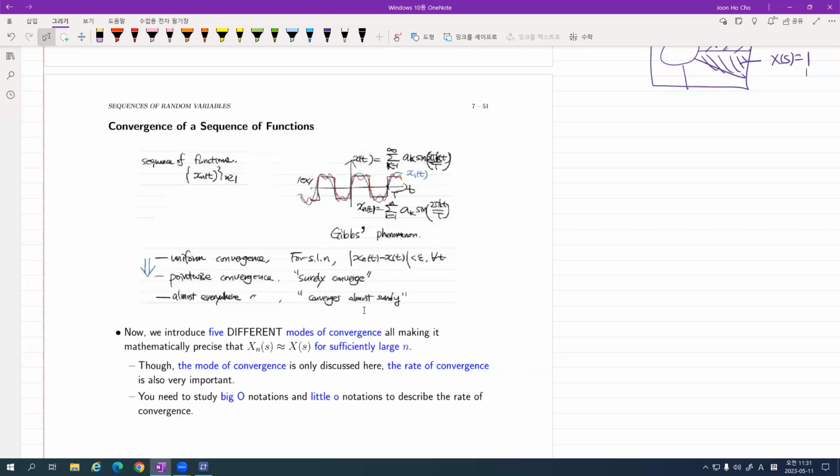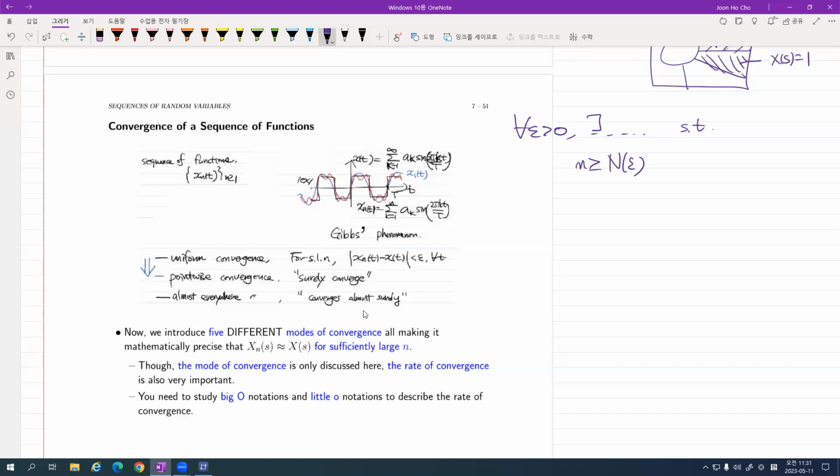As we have always done for a sequence of real numbers or complex numbers and its convergence, we start with: for every epsilon positive. Okay, so we take some positive, possibly very small number, and want to check for sufficiently large n, such that n greater than or equal to n of epsilon.